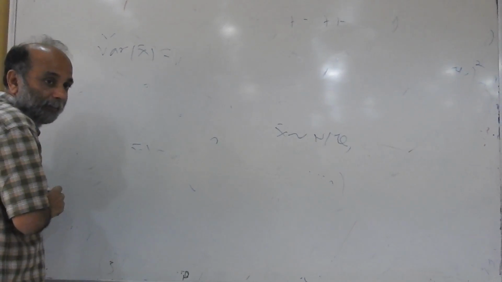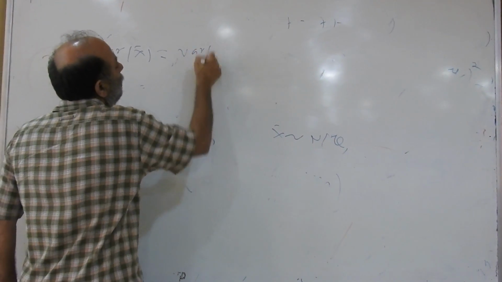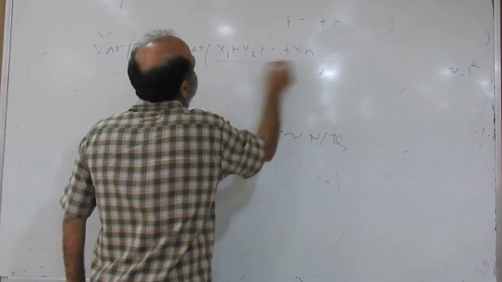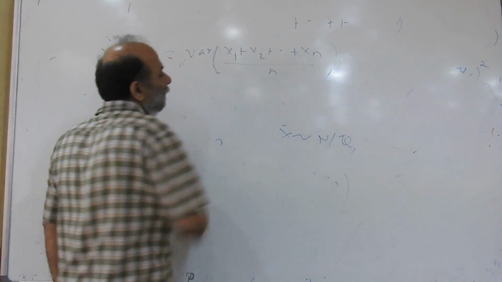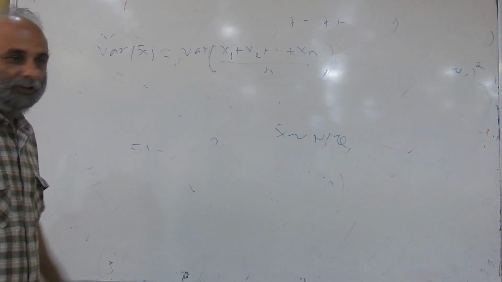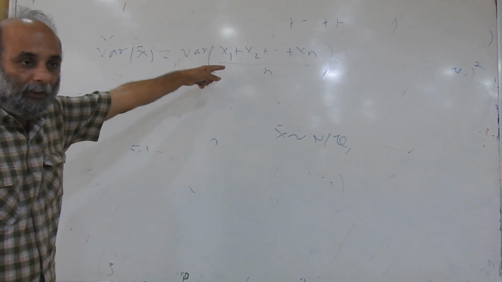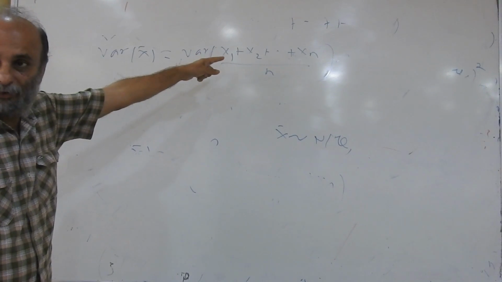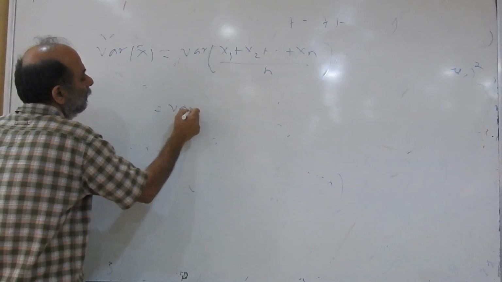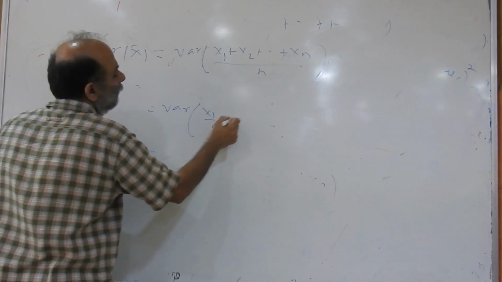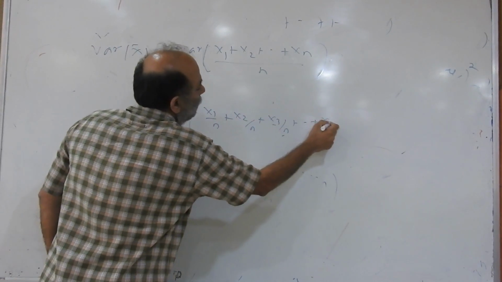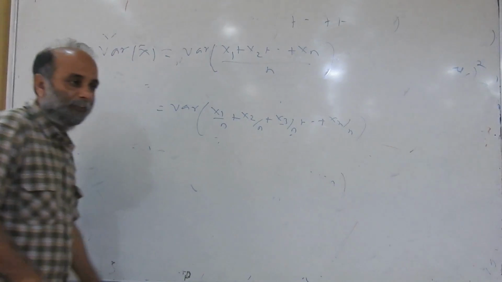Variance of x bar is the variance of (x1 plus x2 plus x3 plus ... plus xn) upon n, by definition, because this is x bar. Which is the variance of x1 upon n plus x2 upon n plus x3 upon n plus ... plus xn upon n.